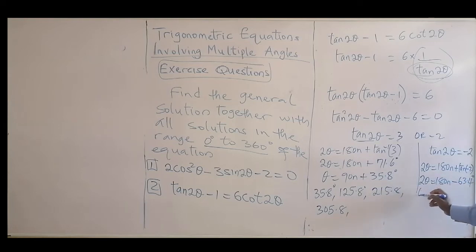So divide by 2, you have theta equal to 90n minus 31.7. So this is another general solution.